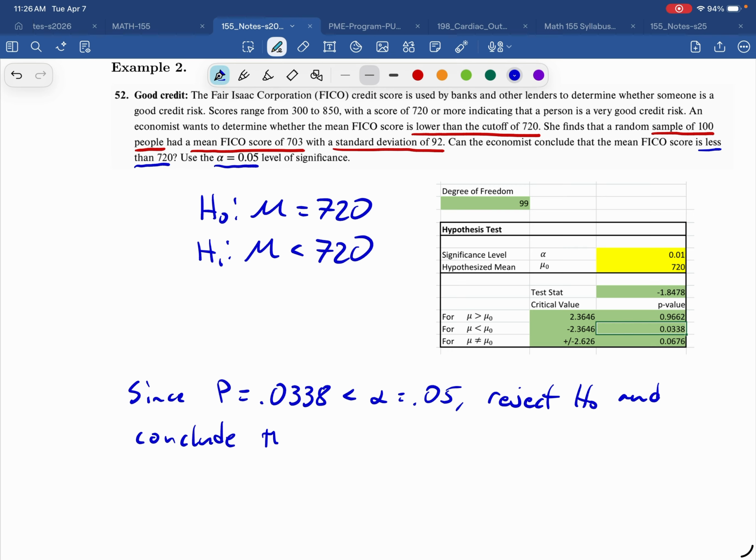That the mean FICO score is less than 720. Bummer. Okay.